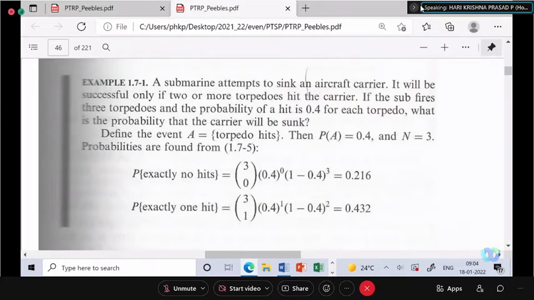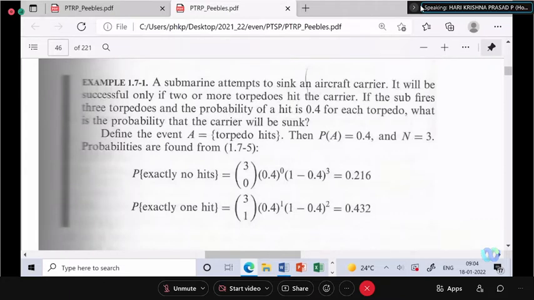The other possible event is not hitting the carrier. So there are only two possible outcomes: hit or no hit. What is the probability of hit? 0.4. So what should be the probability of miss or non-hit? 1 minus p, that is 1 minus 0.4.